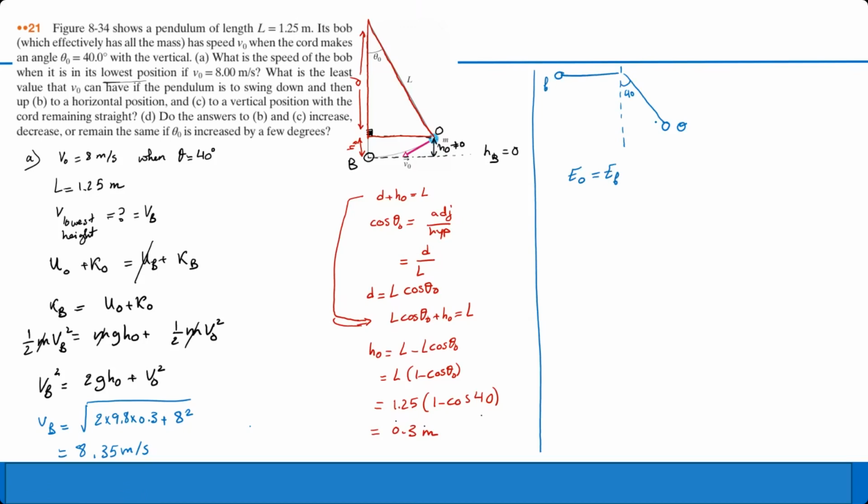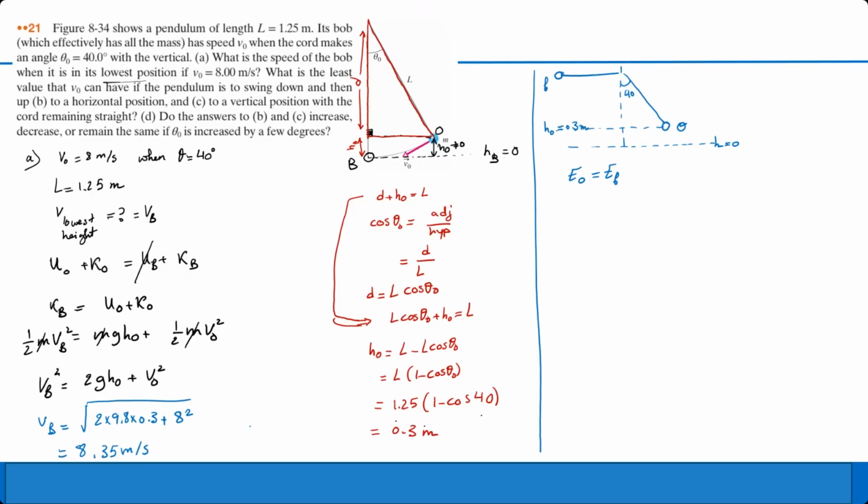I'll keep my height reference the same, which is here. This is H equals 0. HO is the same as the previous part because the angle is the same. The height depends only on the length of the pendulum and the angle, and these are still the same. So this is 0.3 meters.